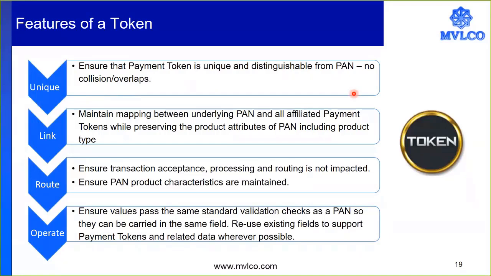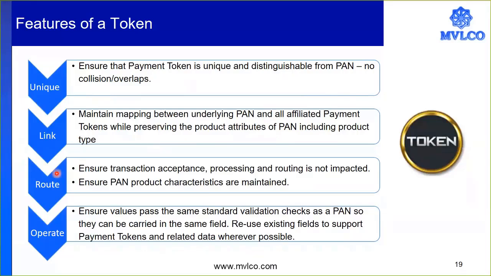The idea is that we do not disturb the ISO 8583 fields or the messaging fields. We can use the same fields to capture the token number instead of a primary account number. Then next, as I said, it will link the underlying PAN and the affiliated payment tokens, right? Then it will help me to route.